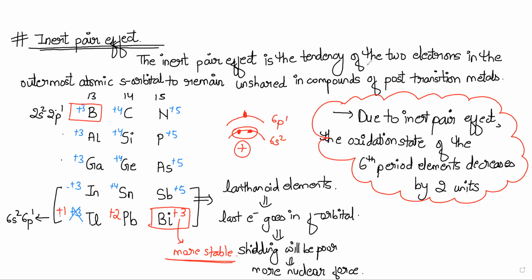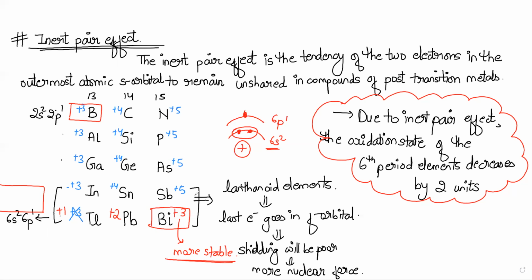The inert pair effect is the tendency of two electrons in the outermost atomic s orbital to remain unshared in compounds of the post transition metals. Post transition metal means, because d block elements are called transition metals, and these are coming just next to the transition metals. That's why it's called post transition metals.